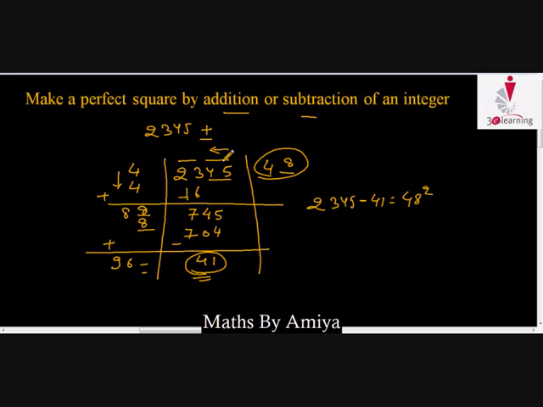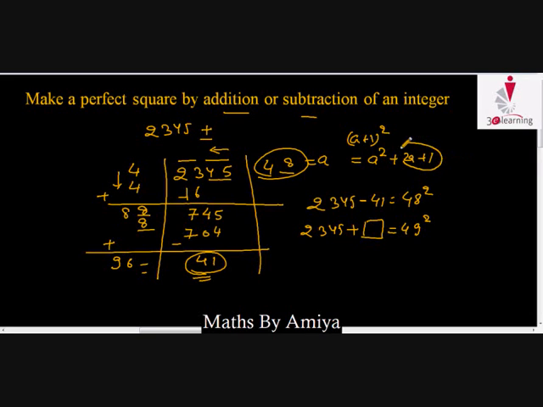Okay. If we have to add something, we say 48 is a. So the next value should be a plus 1 whole square. That is nothing but, if we add something to 2345, it would definitely give 49 square. So what is this addition? If a is 48, then a plus 1 square is a square plus 2a plus 1.